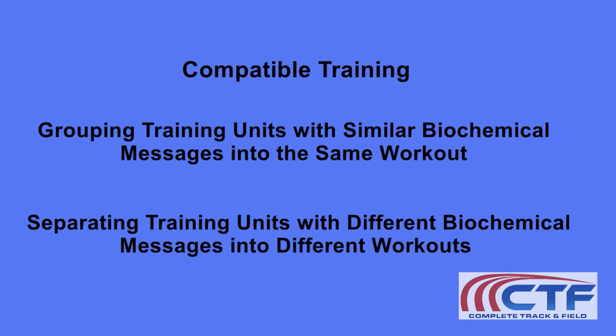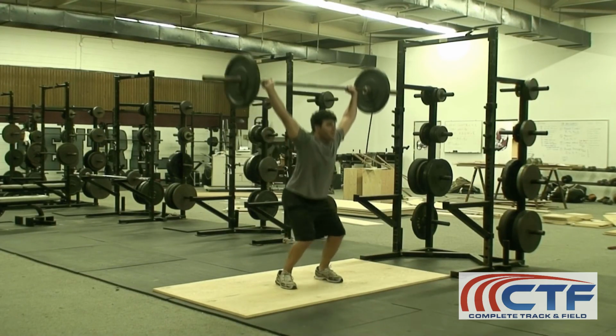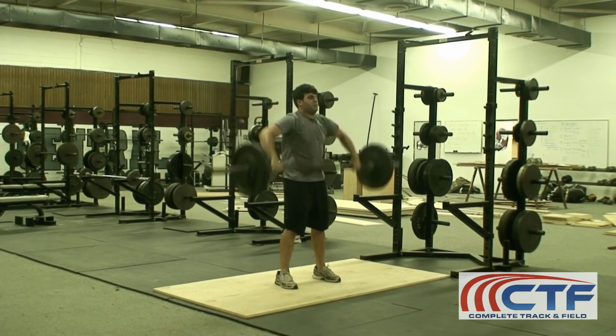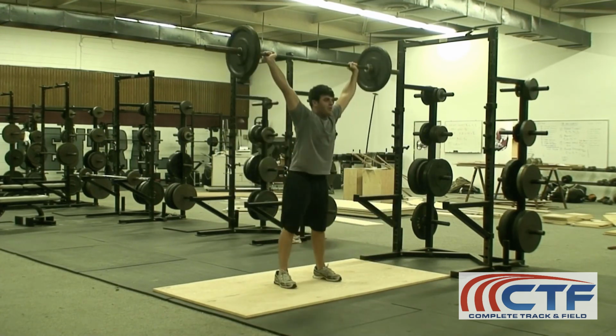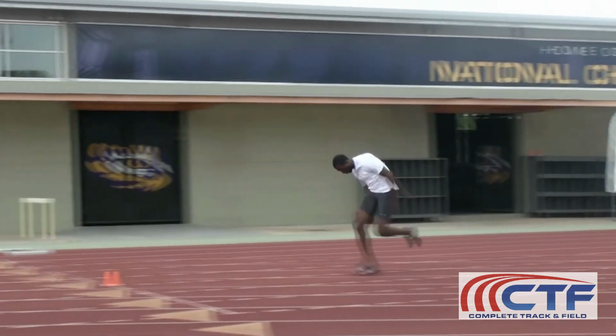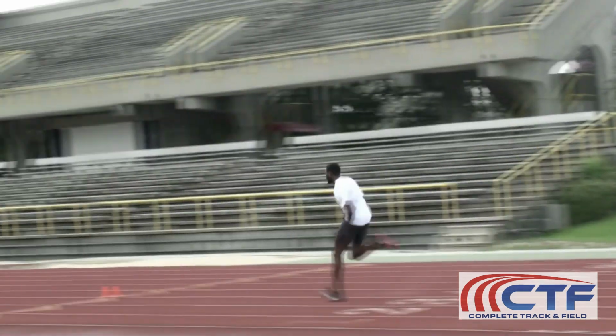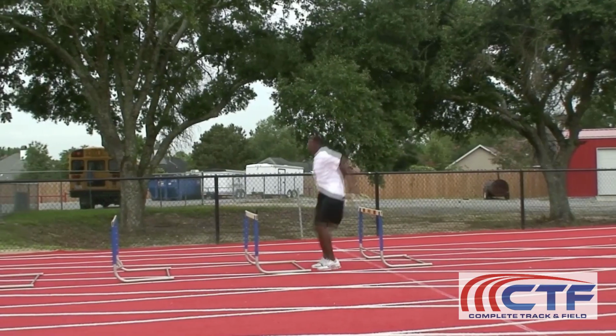When training units that send similar messages are combined into a session, the program becomes more effective. For this reason, we should always plan training in a compatible fashion, meaning that we continually group training with similar messages into the same sessions. This means that the weight training session should address a compatible purpose with other elements of training done that day.